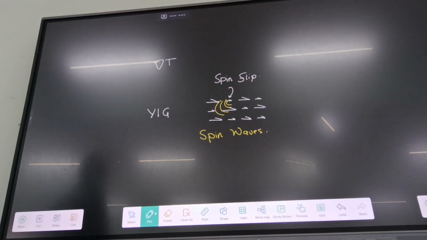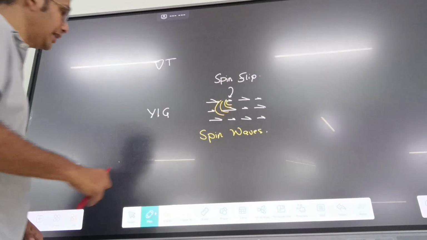There are some spin waves generated, and these spin waves are quantized.